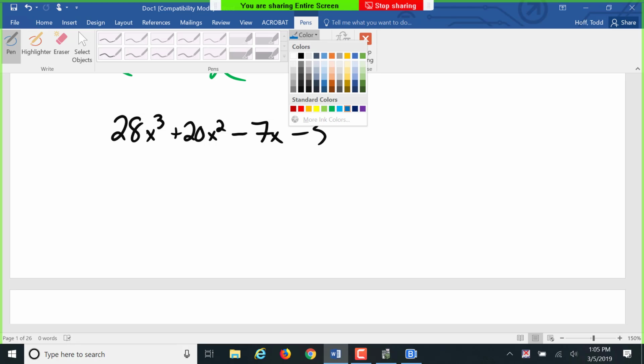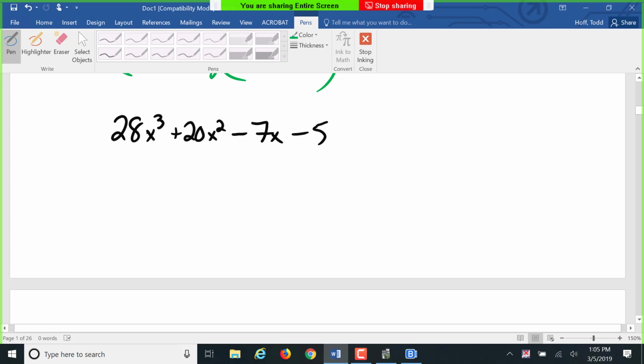So when we look at something like this, is there a common factor that can be divided out of every term there? No, there's not. So let's go to grouping. Let's look at the first two. What can I divide out of those first two? 4x squared, right?